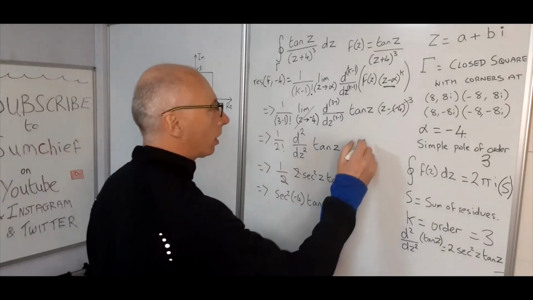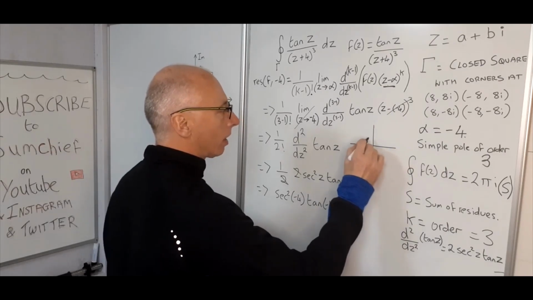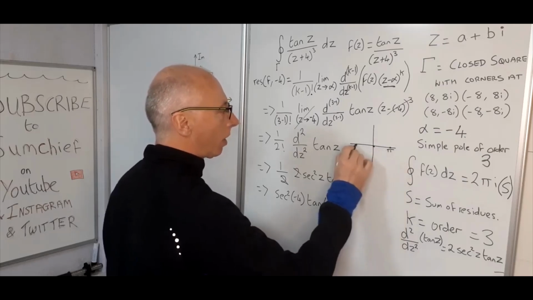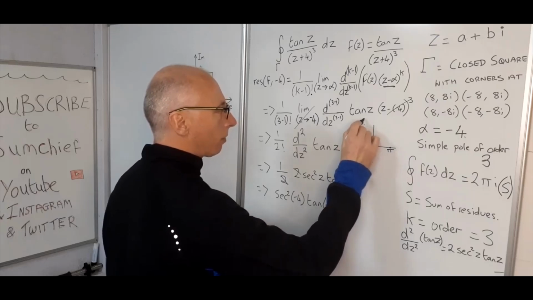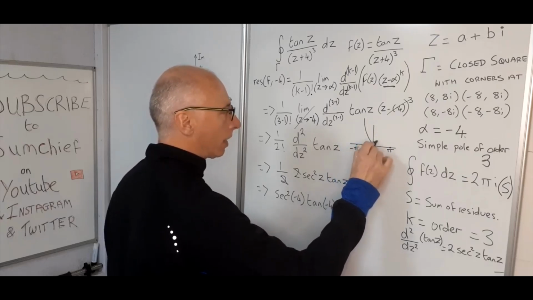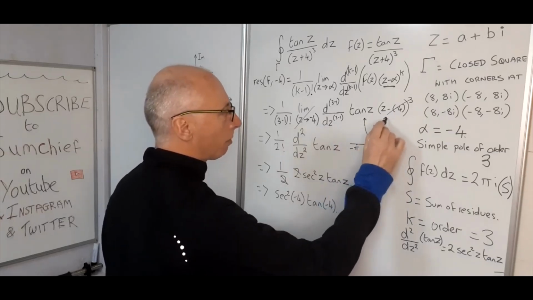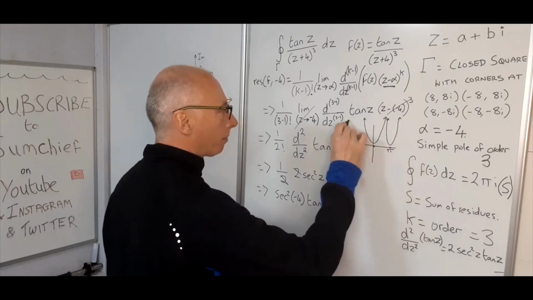So secant, the graph of secant will look something like this. So that's 0, and if you imagine these points here are the pi's, so minus pi, plus pi, secant will come down from infinity here, then down here, then off back up to infinity, and the same at these points, it will do exactly the same.